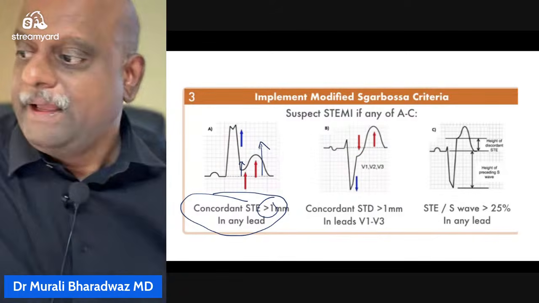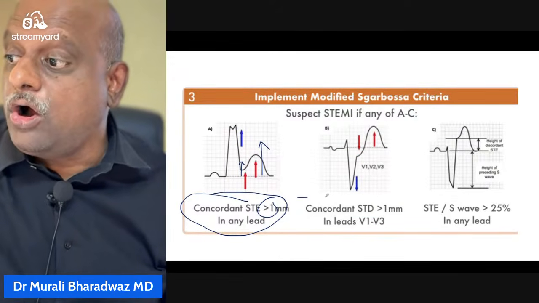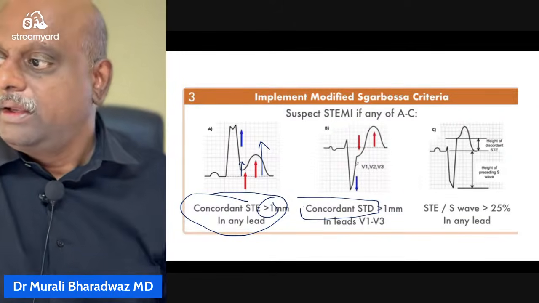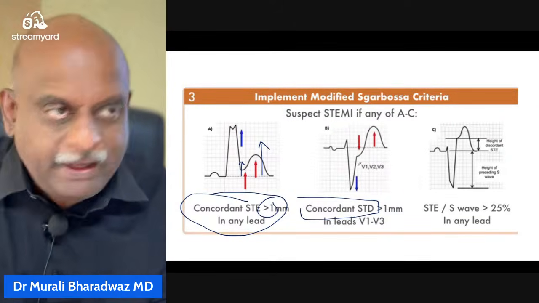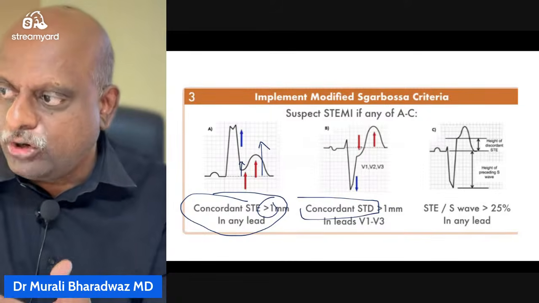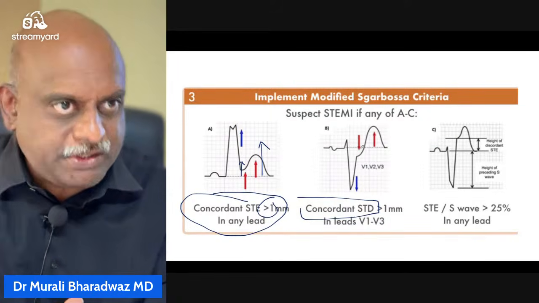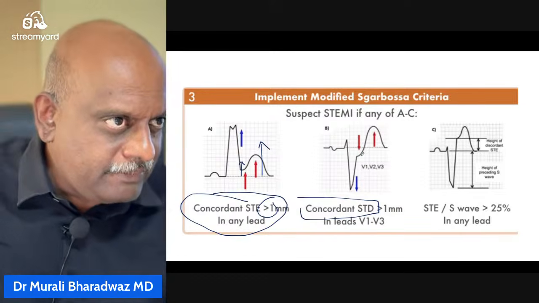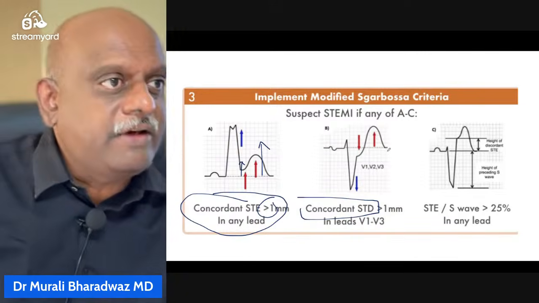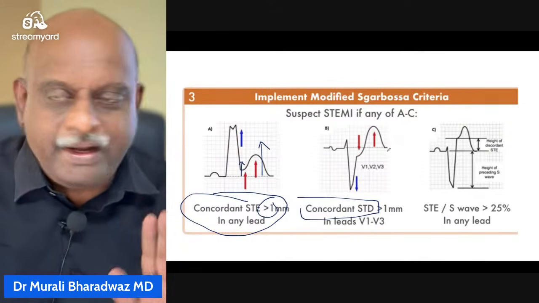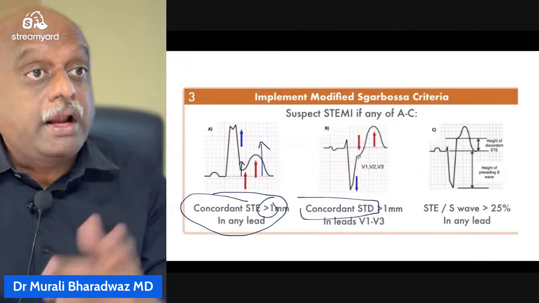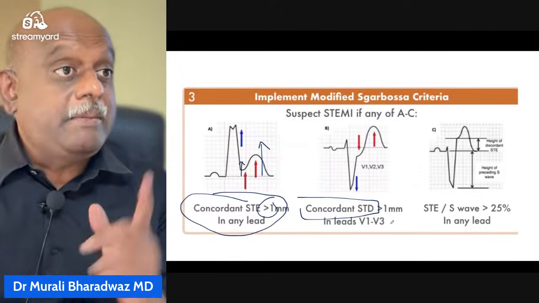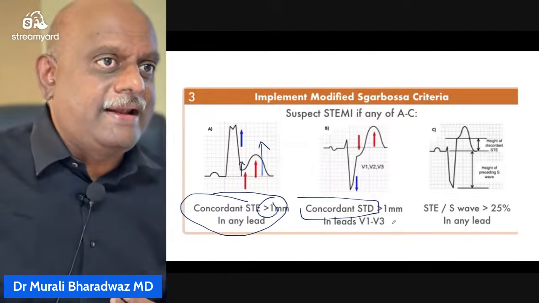Clear? Then concordant ST depression. If the ST segment is depressed more than 1 mm, and at the same time the T wave is not inverted, that's called concordant ST depression, more than 1 mm in leads V1 to V3, which are anterior leads.